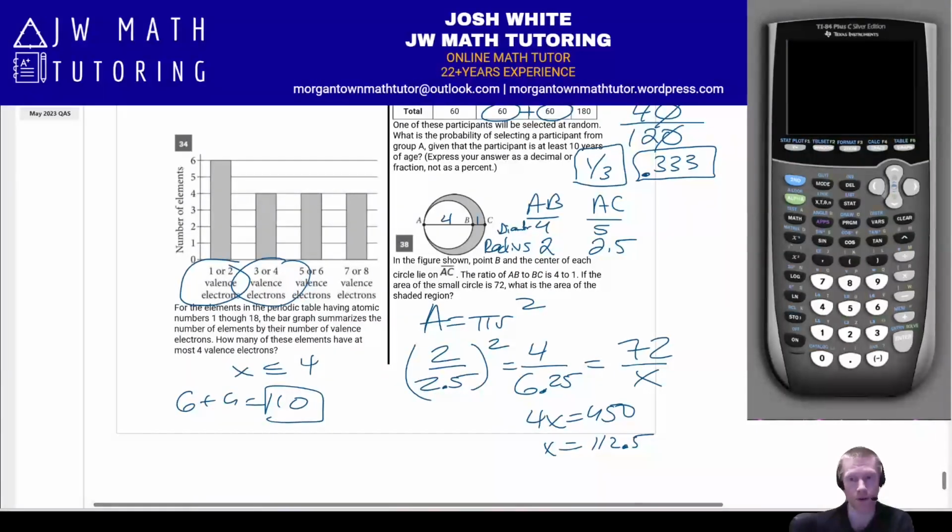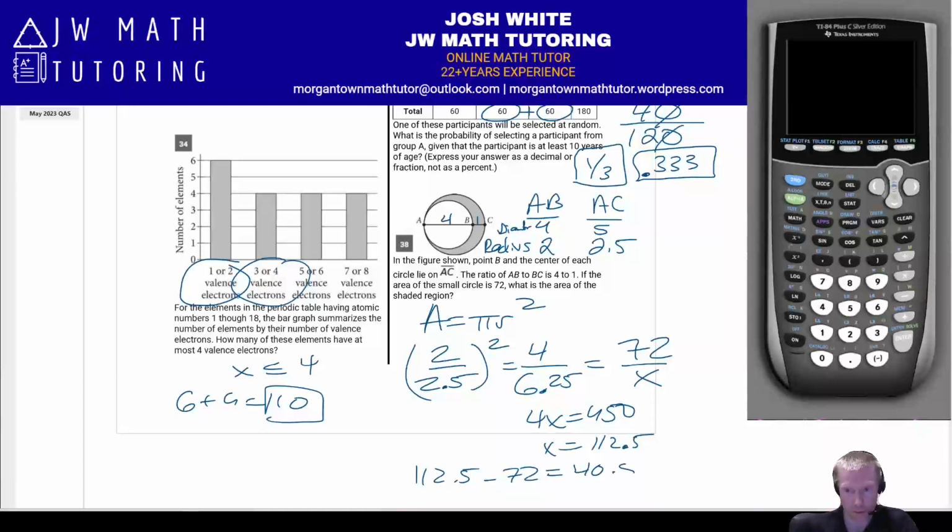So 112.5 is the area of the large circle, the circle with the diameter of AC. So the shaded area now is going to be 112.5 minus 72. So you go ahead and do that and you get 40.5. So that's basically your answer right there.